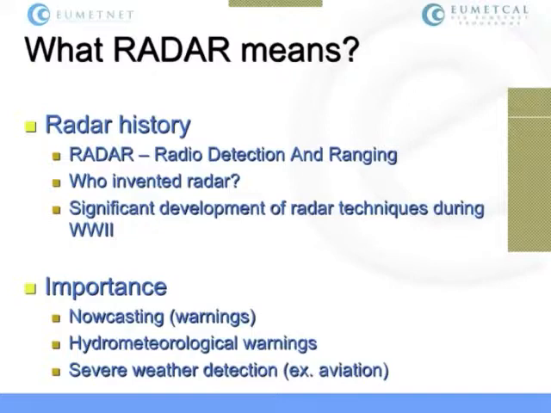They are also used in hydrology, because the weather radars can estimate the amount of rain that falls to the ground, and they are also very useful in severe weather detection and also for aviation.